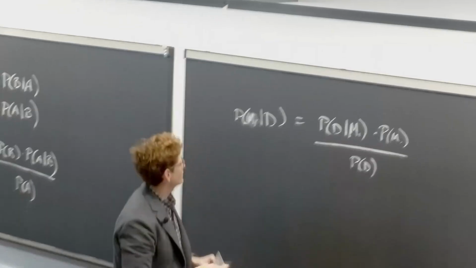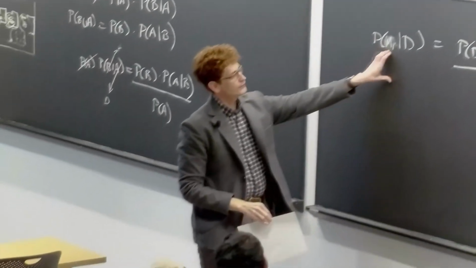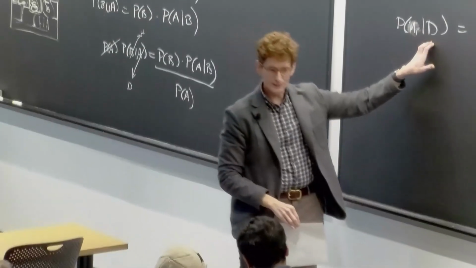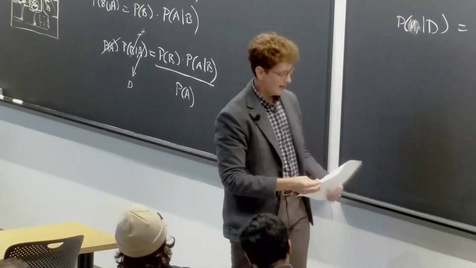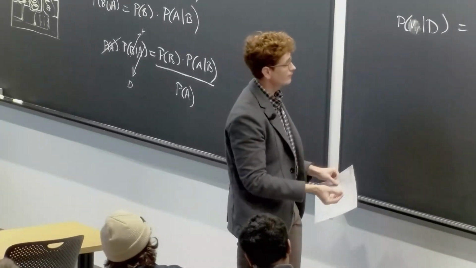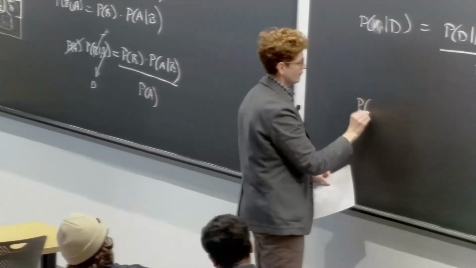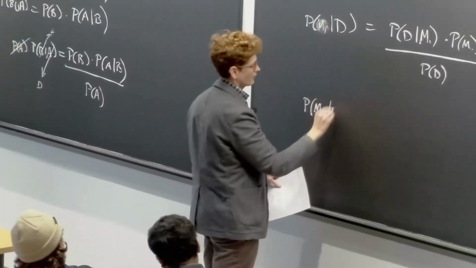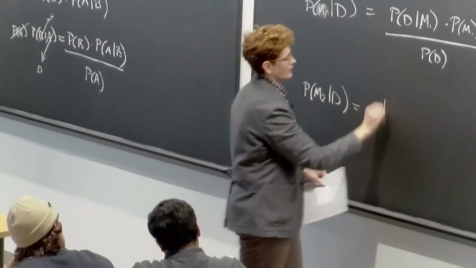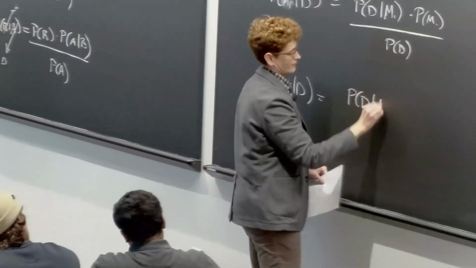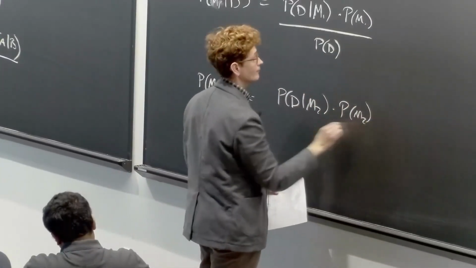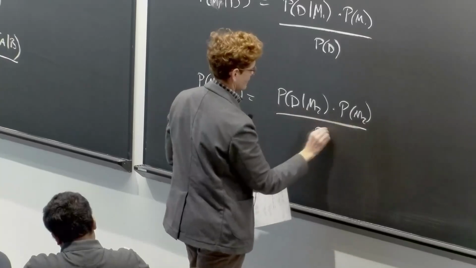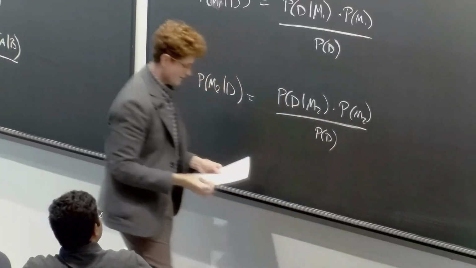All right, so this is the probability that the model is true given the observed data, which is what we would like to know. And so we could also have a second model. We could have the probability of model 2 given the observed data, which is unchanging.